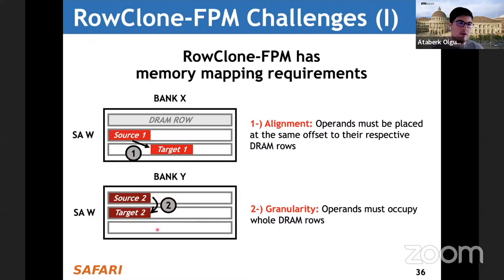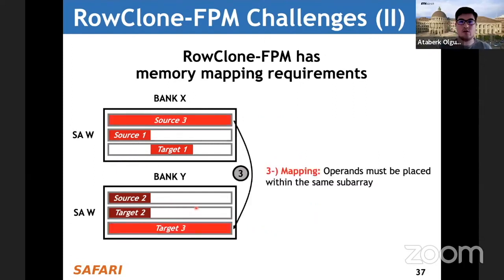What can happen is there will be some data in the row that source 2 is mapped to, and this will overwrite the data that target 2 is mapped to in this rectangular location I'm highlighting. And that's something we don't want. It's a side effect that we need to avoid.